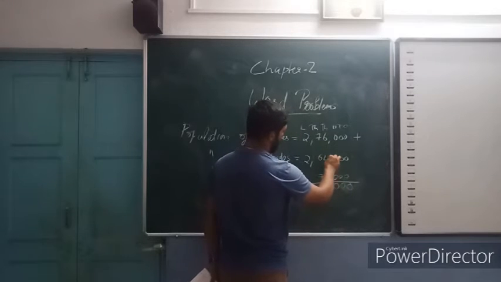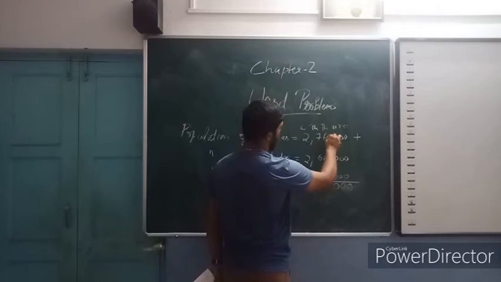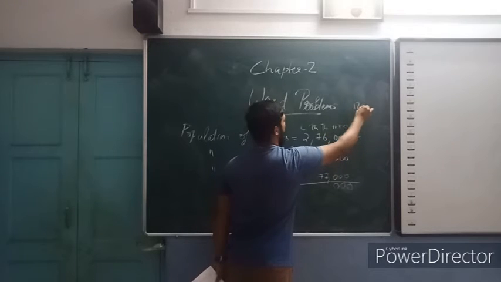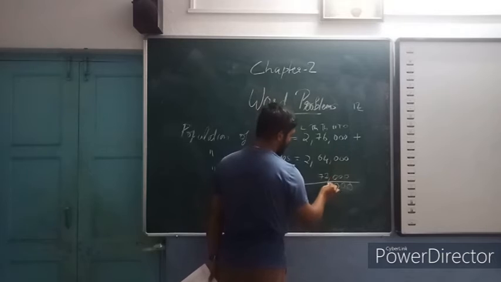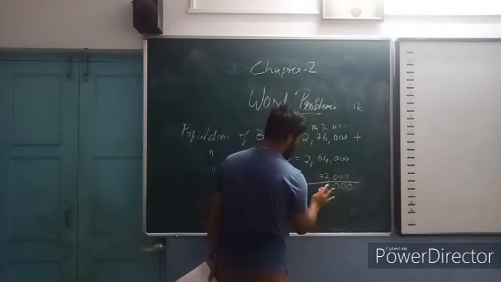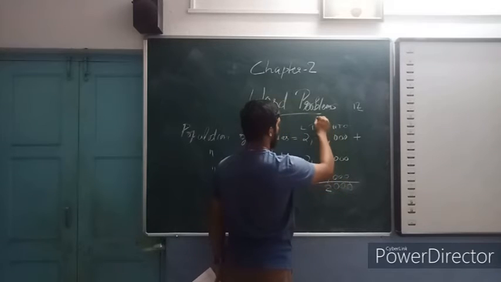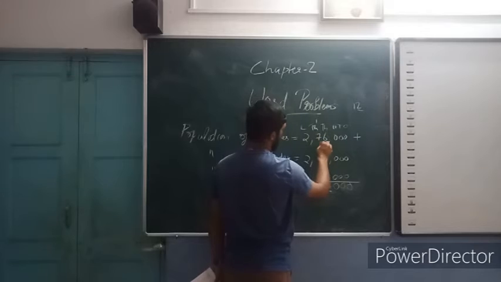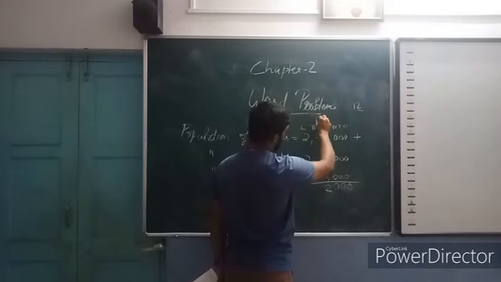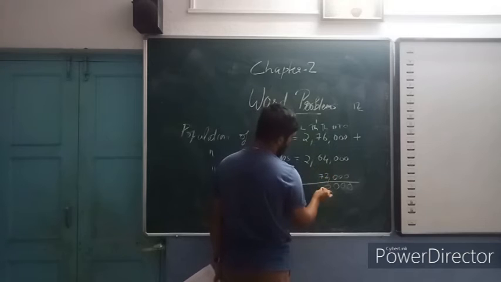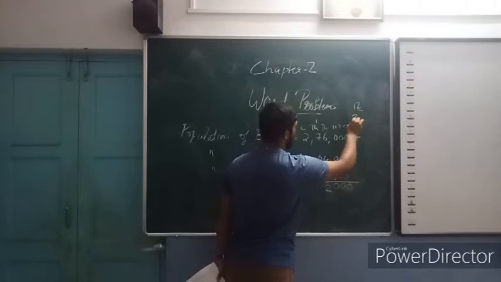So, it will be 0, 0, 0. 4 plus 2 is 6. 6 plus 6 is 12. It's bigger than 9, so we write 2 here and carry the 1 to this one. 6 plus 7 is 13. 13 plus 1 is 14. 14 plus 7 is 21.